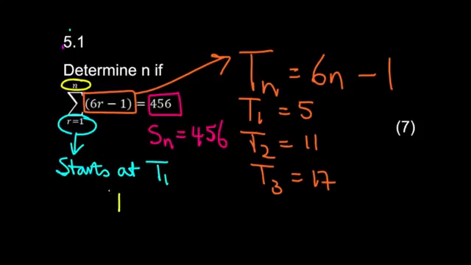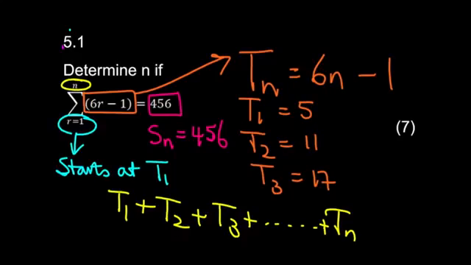So it looks like this: T1 plus T2 plus T3 plus all the way to Tn. So I'm adding a certain number of terms together, and I'm getting 4, 5, 6. The question is, how many terms am I adding up to get to a sum total of 4, 5, 6?